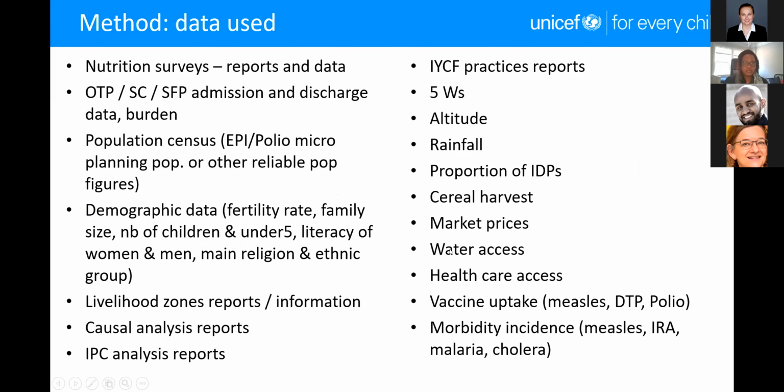So this is just to give an idea of the data and information that we collected to inform the predictor stream. We just collected as much data and information as was available for all these areas.